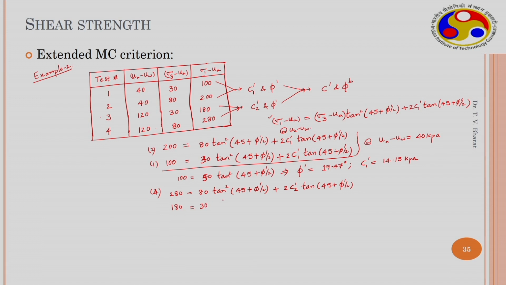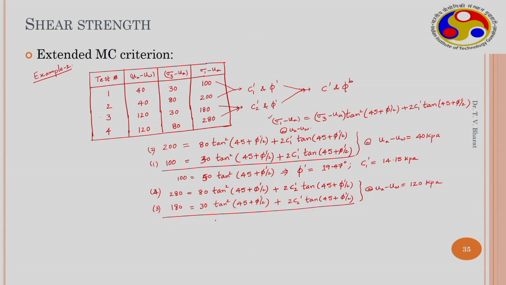So, here this is 30 tan square (45 plus phi dash by 2) plus 2C dash tan (45 plus phi dash by 2). These two are at UA minus UW of 120 kilopascal. This is the fourth and this is the third data.